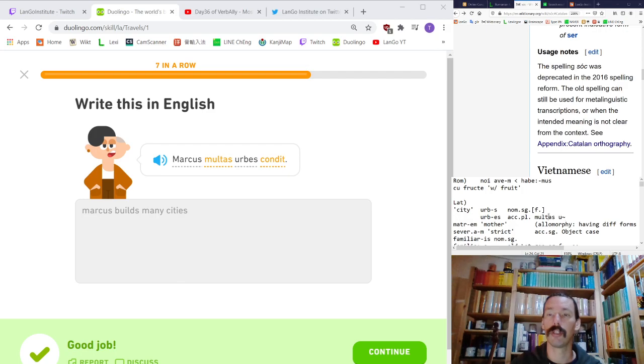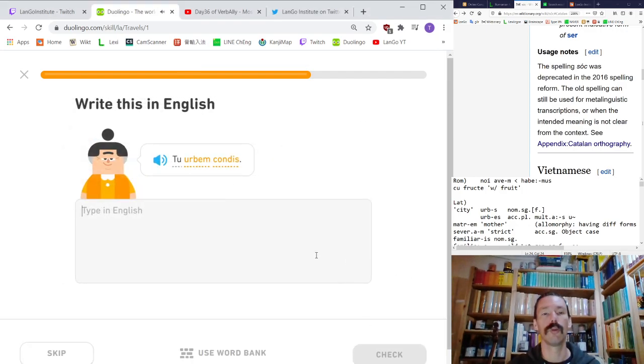And this stem, the a is also movable, and then the stem itself ends in a, and then s is the suffix. You could say multas. It's not quite as simple as that. It's a long a, so it's kind of an arbitrary segmentation. Tu urbem condis. Thou, you, build urbem, accusative singular.